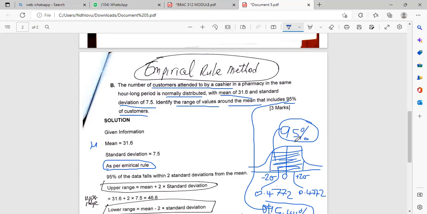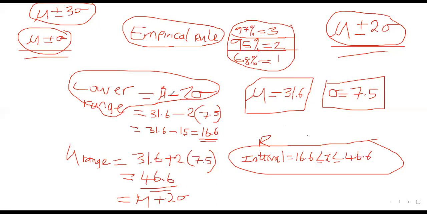So this is where the 2 came from. The mean was given, so to find the lower range we substitute the mean, the 1.6, and the 2 we computed. 95% is within 2, 68% within 1, 97% within 3.